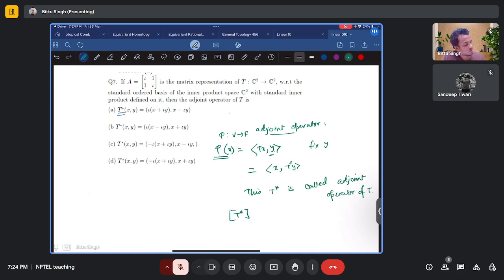If the matrix representation of T with respect to a basis is A, then the matrix representation of T star with respect to that given basis will be A star, where A star means conjugate transpose. You can explicitly check that. That is very easy to check actually.